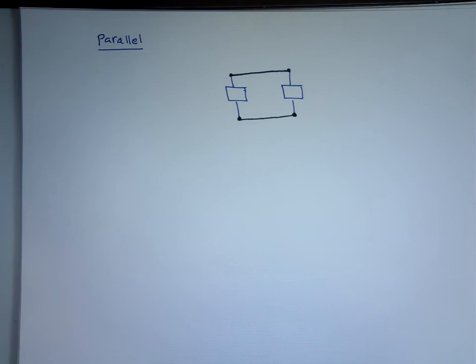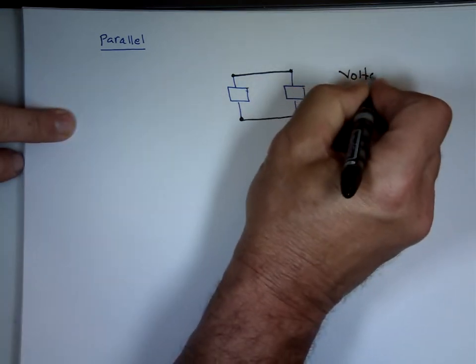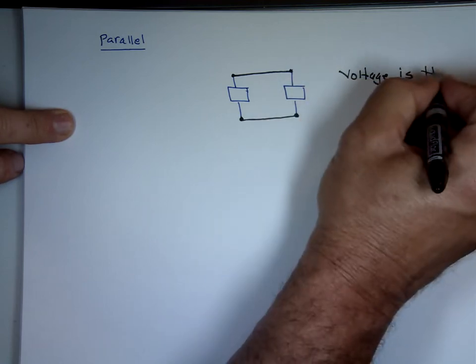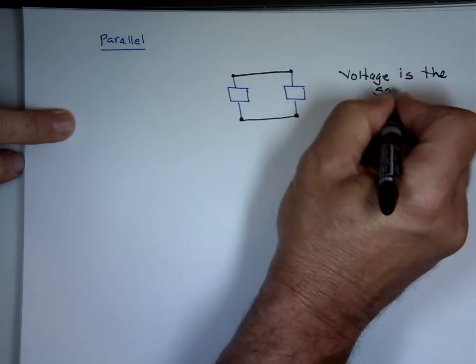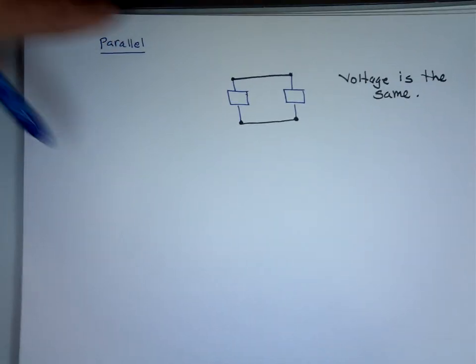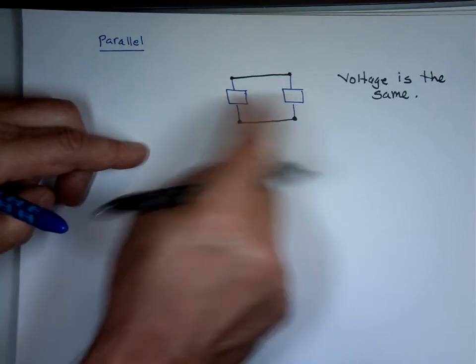If they are connected in parallel, the voltage is the same. The current usually not. The only time the current will be the same is if these guys are equal.